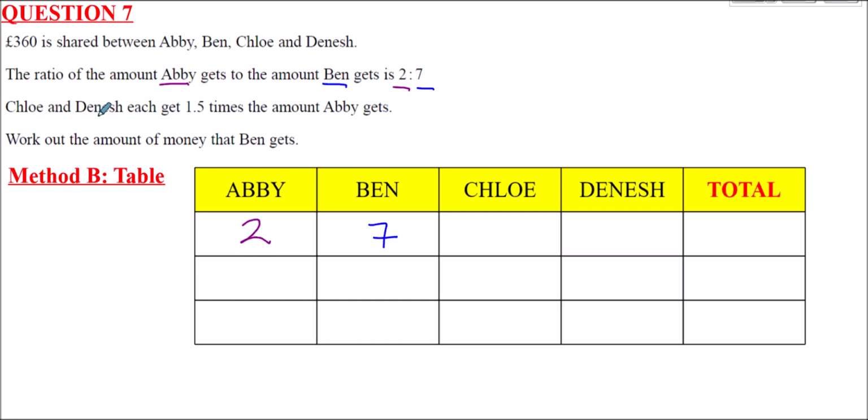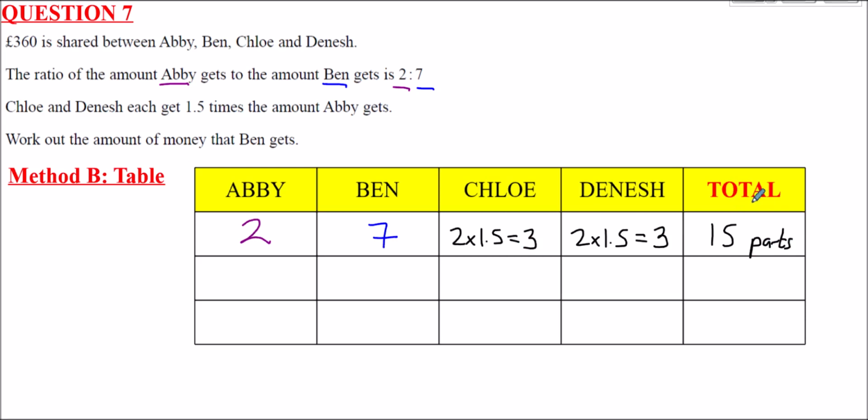Then Chloe and Dinesh each get 1.5 times whatever Abby's got. So 2 multiplied by 1.5 is 3, so they each get 3 parts each. So add up the parts. 2 plus 7 plus 3 plus 3. So if I add that together, we get a total of 15 parts.